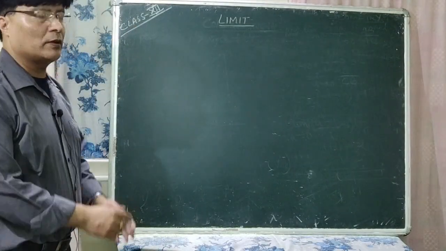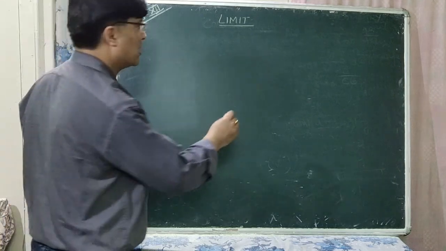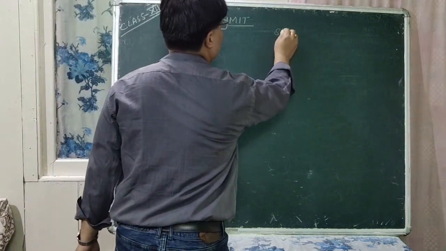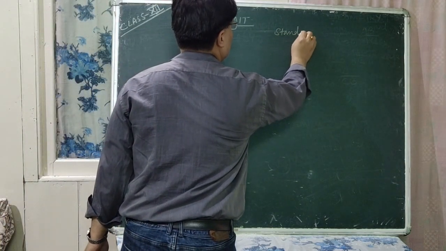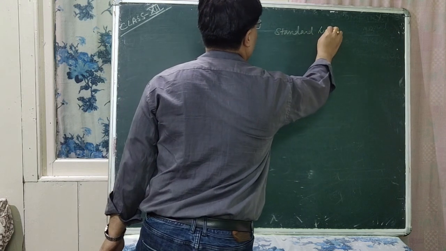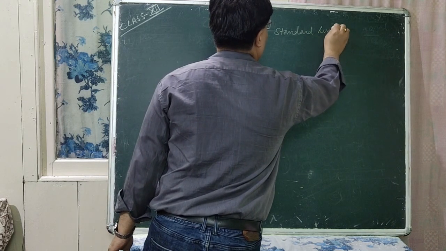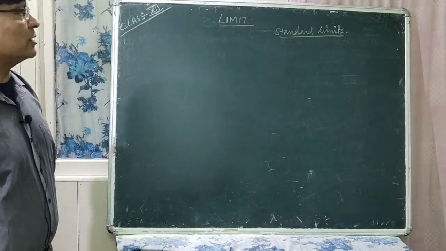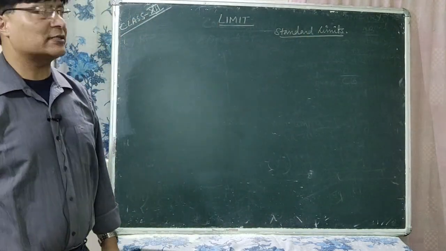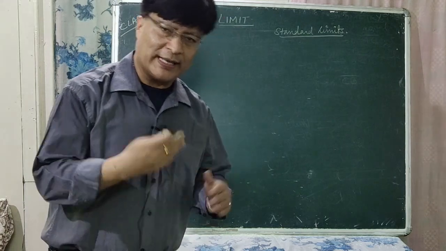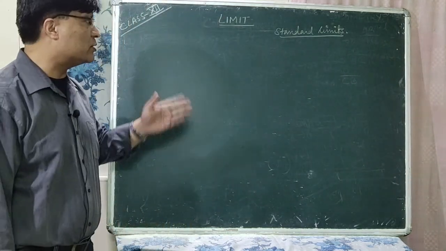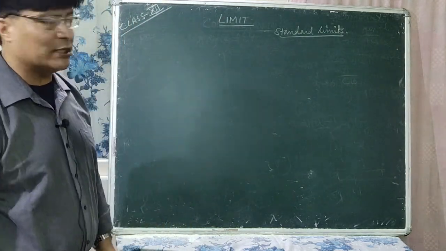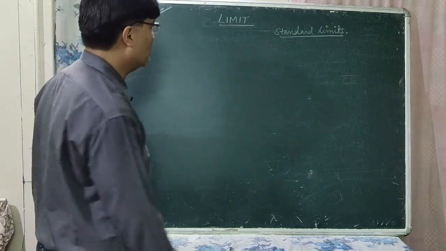So now we will do standard limits. So let us write down the standard limits. These standard limits you have already done in class 11. So again I am revising it, because you should know these standard limits in class 12 also.